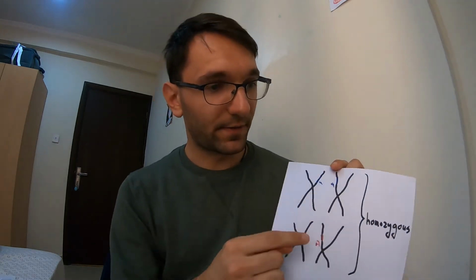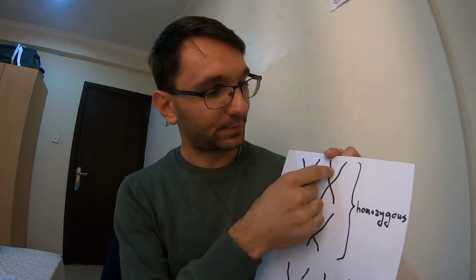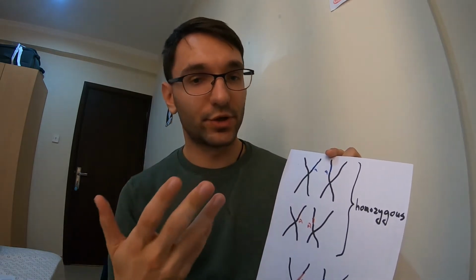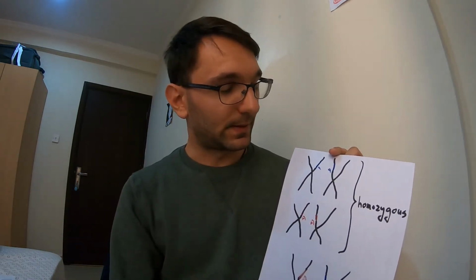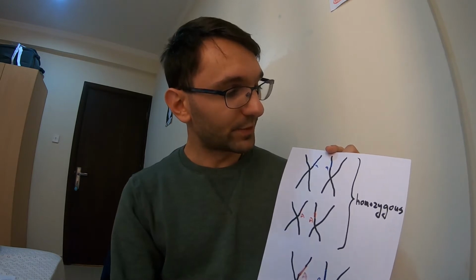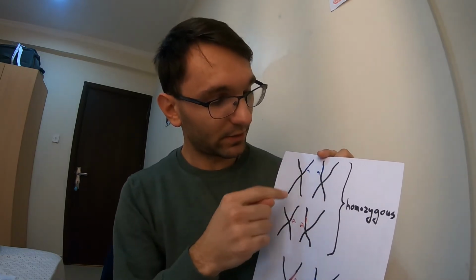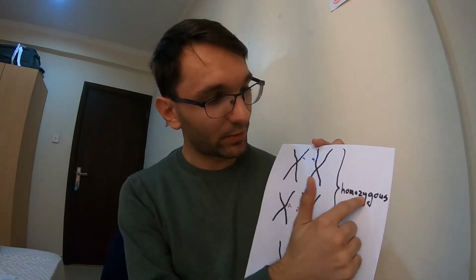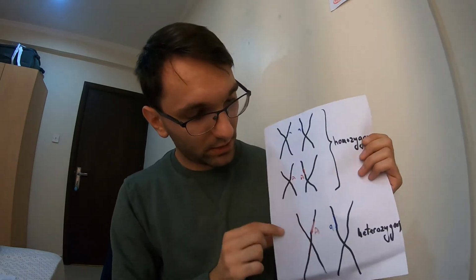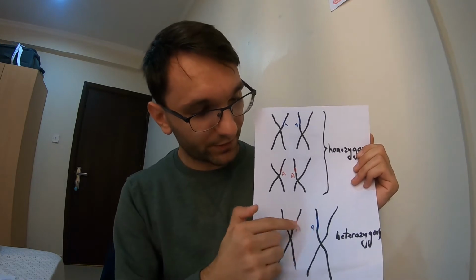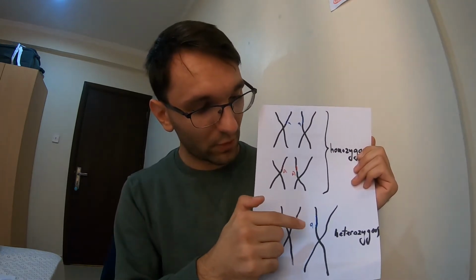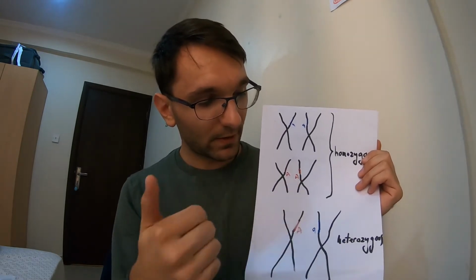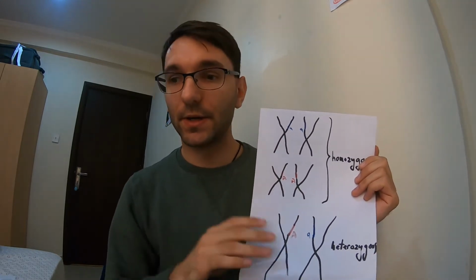So if in the F1 or F2 generation the offspring get from the parents the same allele, they will be homozygote. If they inherit different ones, one for yellow, one for green, it's going to be heterozygote.